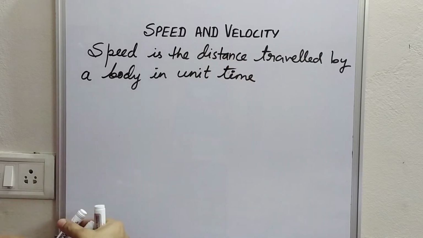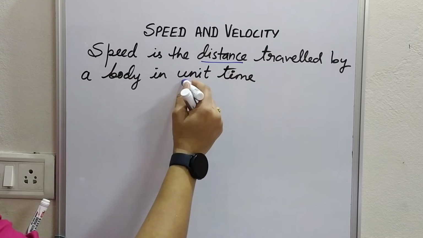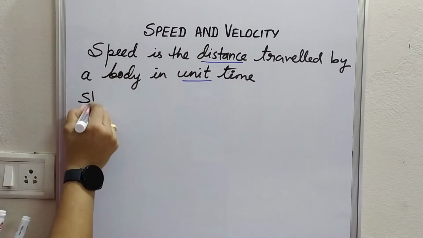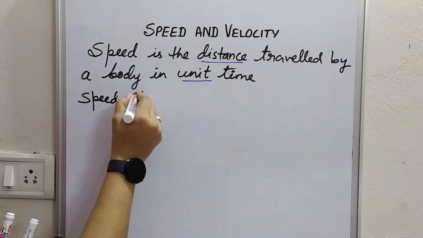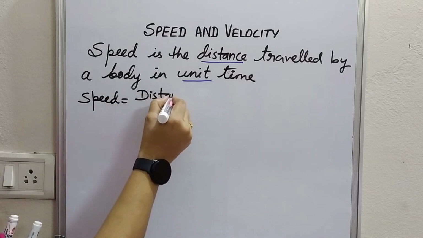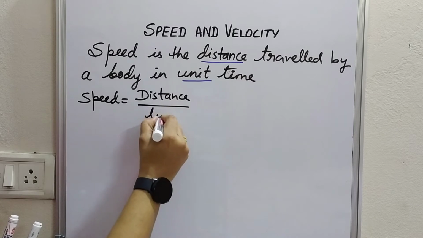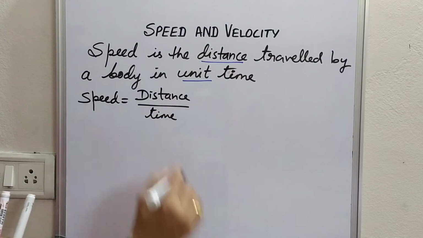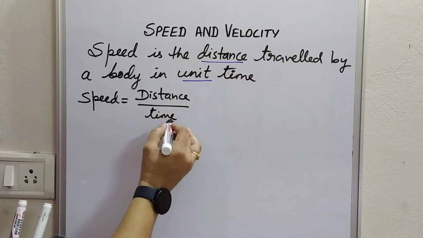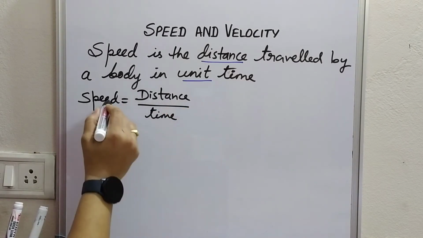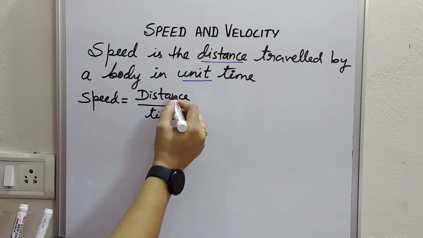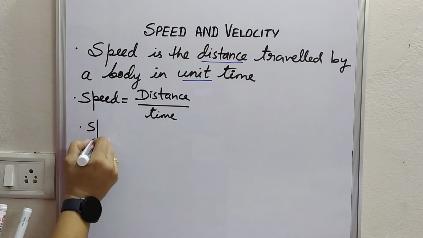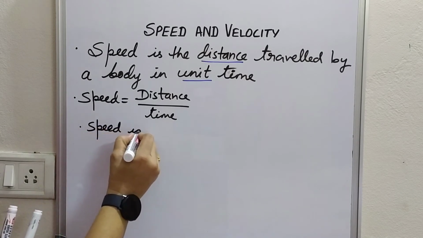So, speed is the distance travelled by a body in unit time. So, we can write speed as distance divided by time. And if we are writing the definition for average speed, we will write total distance divided by total time. Since speed is distance by time and distance is a scalar quantity, speed is also a scalar quantity.